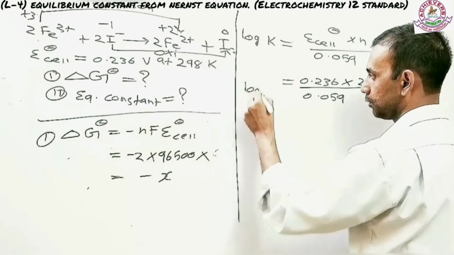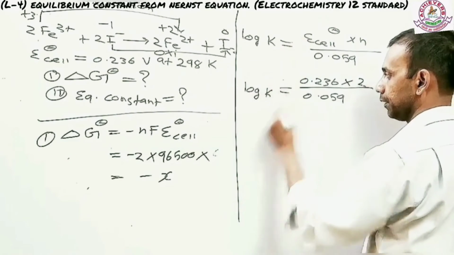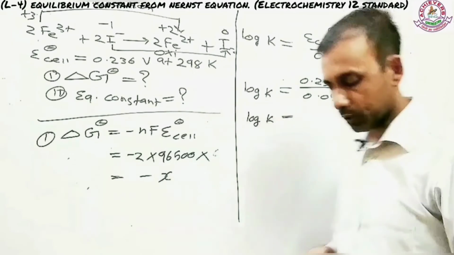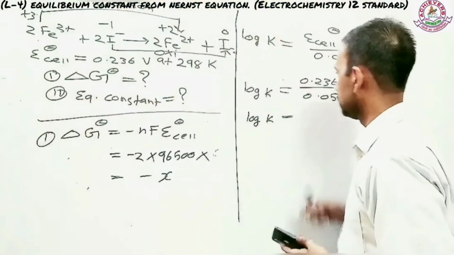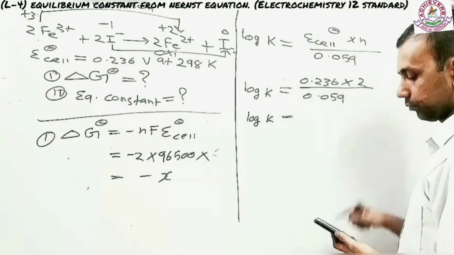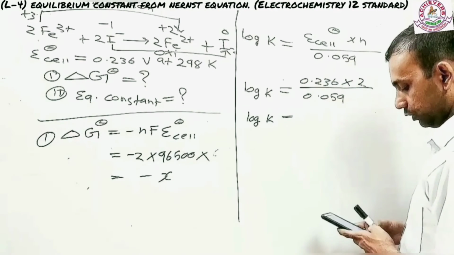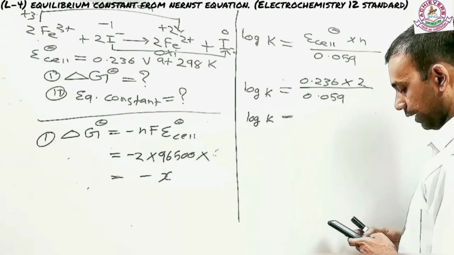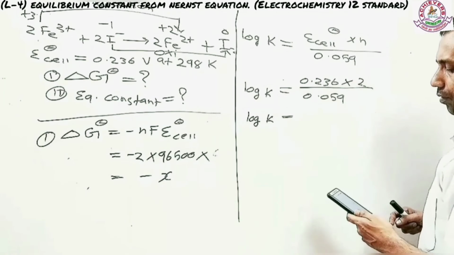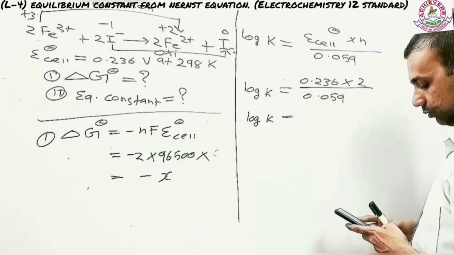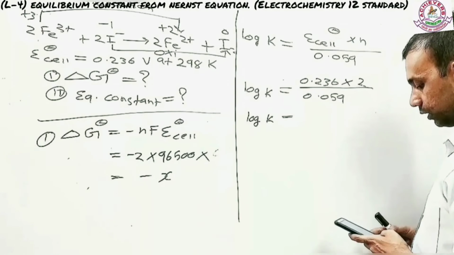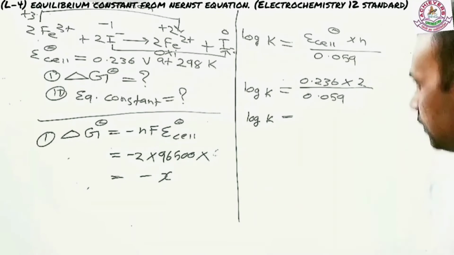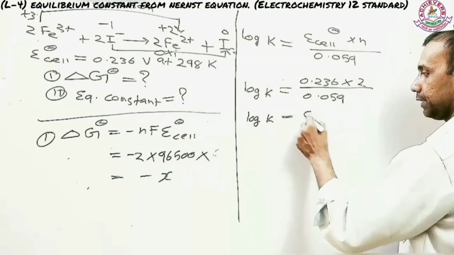So this is equal to log K. I'll be using my mobile phone because I'm not very good at mathematics. So 0.236 into 2, divided by 0.059. Sorry, this looked wrong. So 0.236 into 2, divided by 0.059, comes out to be 8. So log K has finally come out to be 8 here.